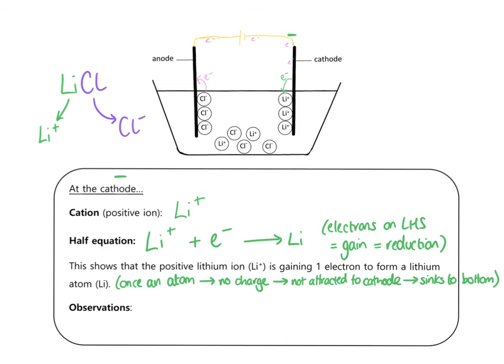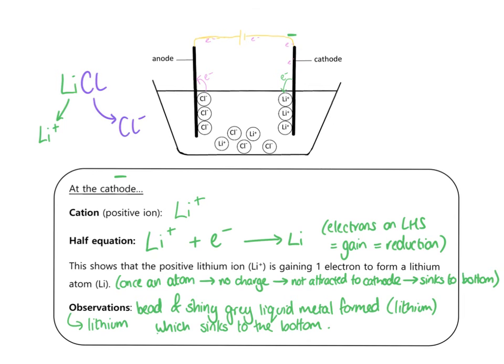So again, observations, you're always thinking, well, what is my product? My product this time is lithium, which is a metal. So what we see with the observations with this is that it's exactly the same as our lead bromide example. With lead bromide at the cathode, we saw that lead was formed, and the observation was a bead of shiny grey metal which sinks to the bottom, and that's exactly the same here.